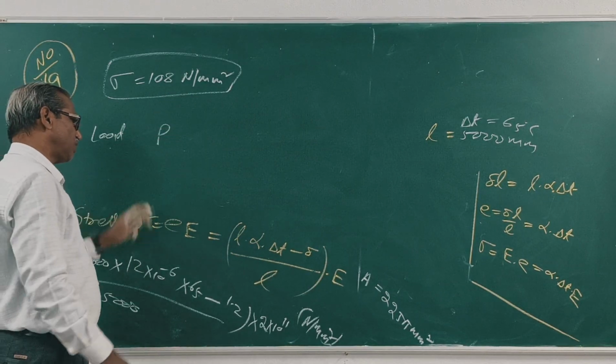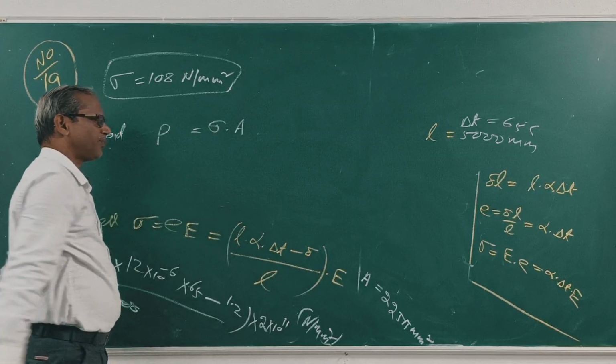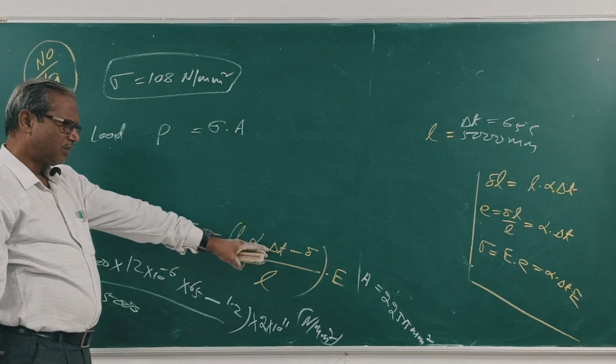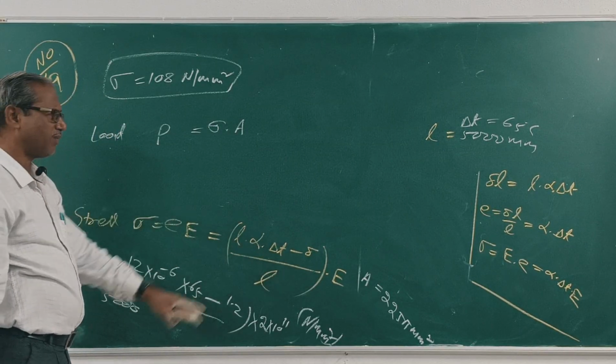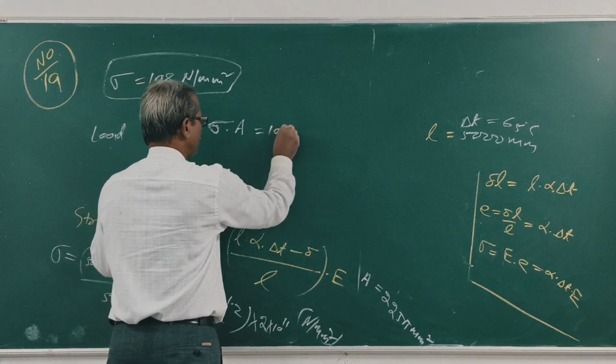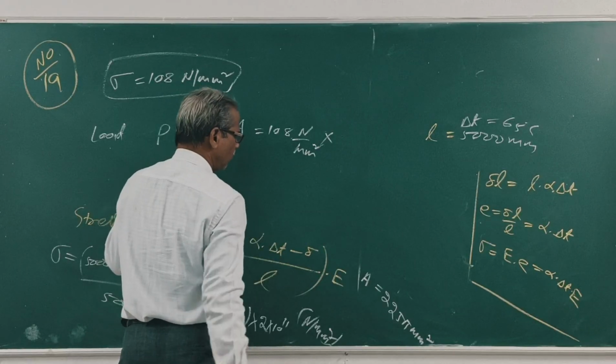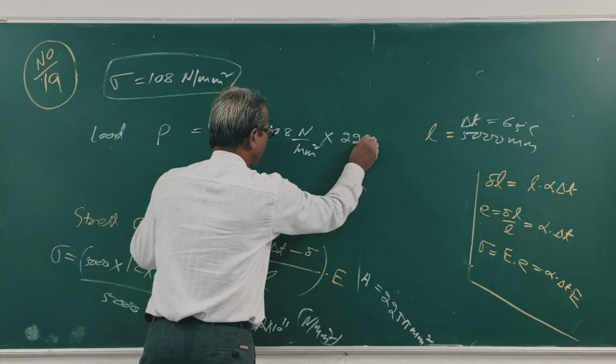Load is equal to stress into area. What is area? 225 pi mm square. So the load is 108 Newton per mm square into 225 pi mm square.